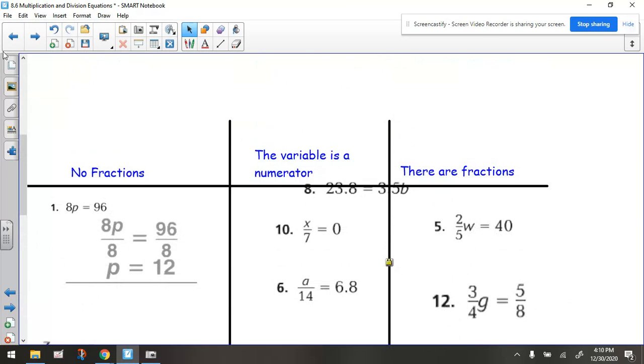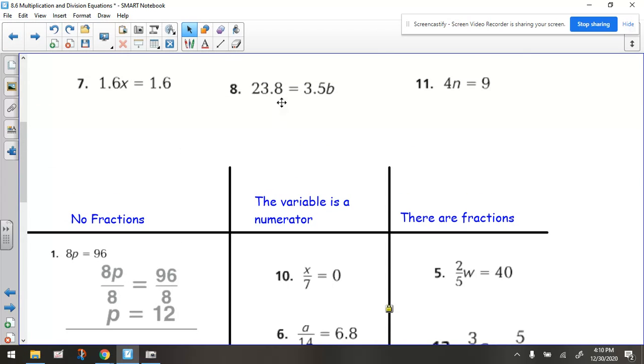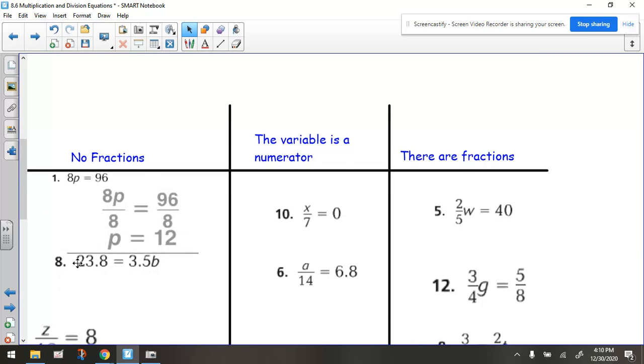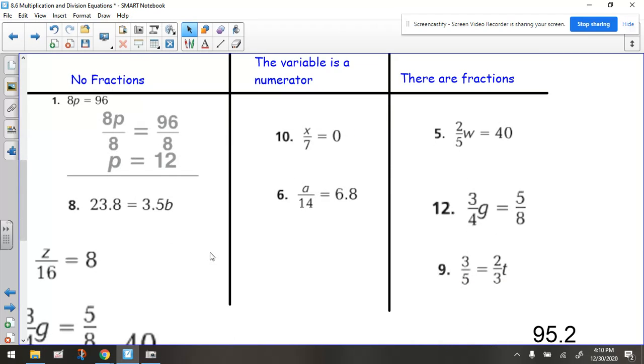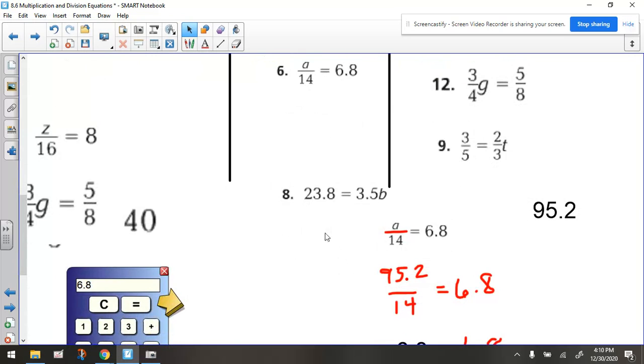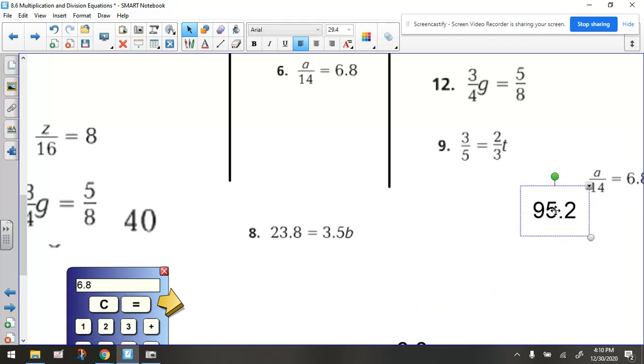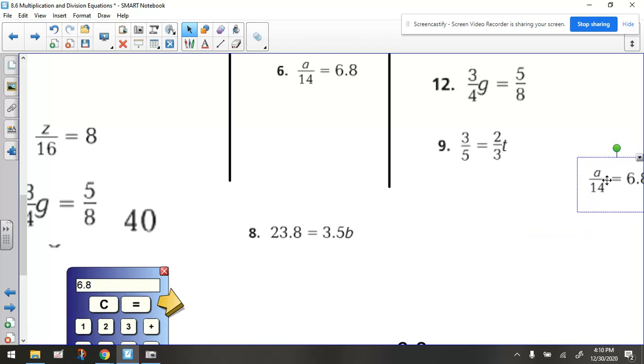Well, let's see if I can hit the undo button and bring it back to where it was. That's better. All right, so that kind of falls into this category, right? So ones that fall into that category, you're just simply dividing both sides. Let's move it down here so we have some workspace. And we'll clear the other stuff out of the way.